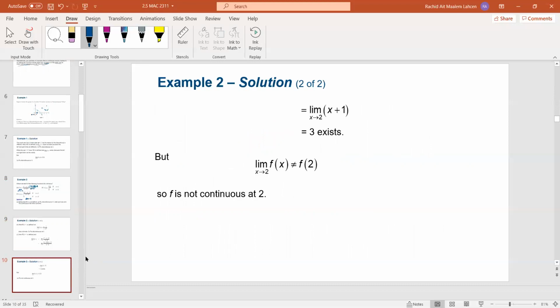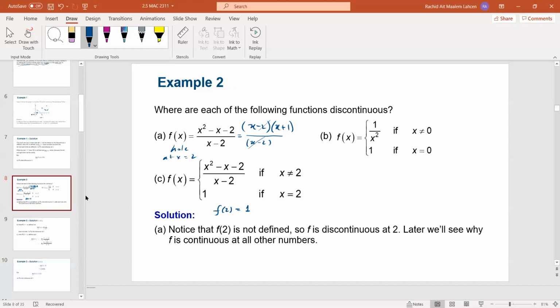You see the limit is not going to be, of course, the same as f of 2. And here, 2 plus 1 will be 3 when you simplify this. So when you have x plus 1 here and x minus 2 over x minus 2, and you cancel out, you get x plus 1. So the 2 plus 1 will be 3. However, f of 2 is 1.